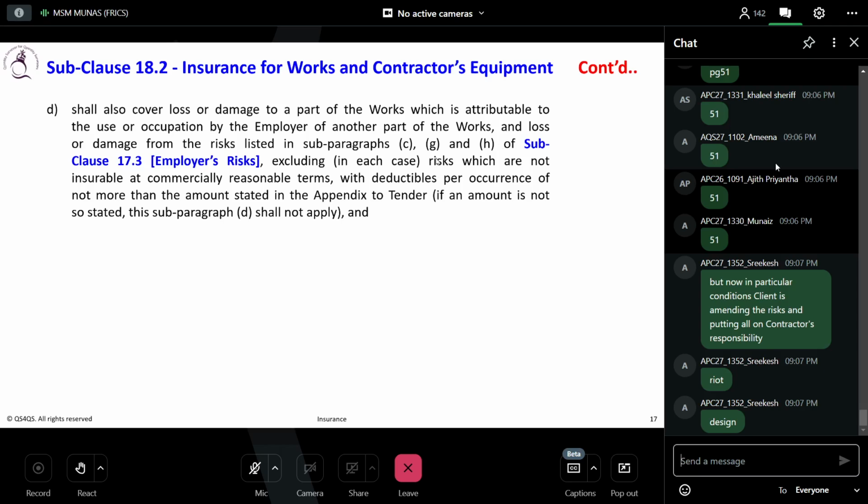See, C, G, and H, excluding in each case risks which are not insurable on commercially reasonable terms. So it is supporting that particular C. So very clear, employer's risk, the contractor doesn't care.